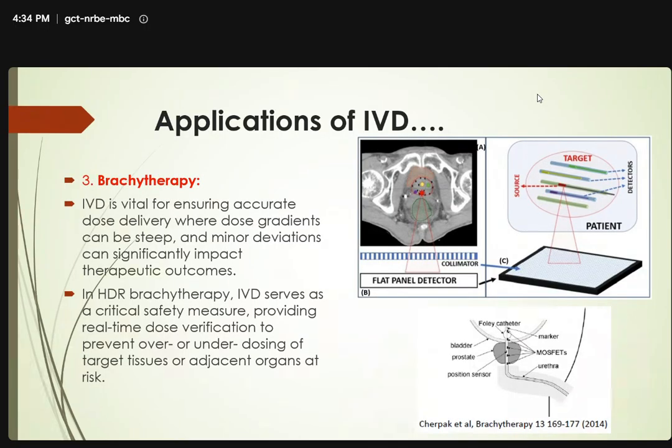The second is a prostate case where we have used a MOSFET to analyze the doses received by the nearby structures and of course by the target.